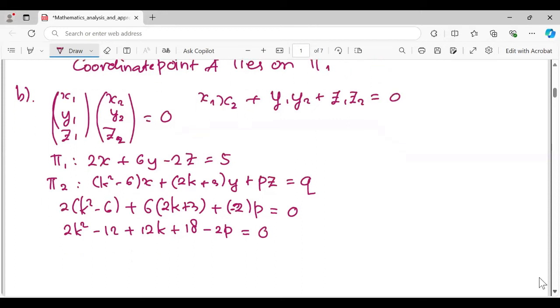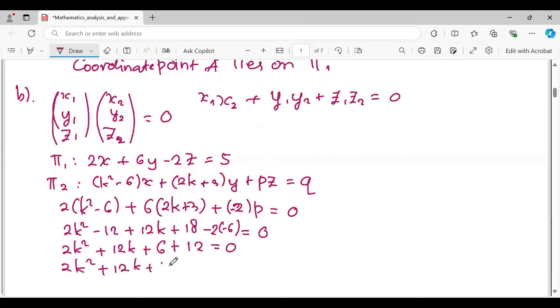And according to the information that p equals minus 6, so it becomes 2k squared plus 12k, then 18 minus 2 times minus 6, that is plus 12, comes to 2k squared plus 12k plus 18 equals 0.